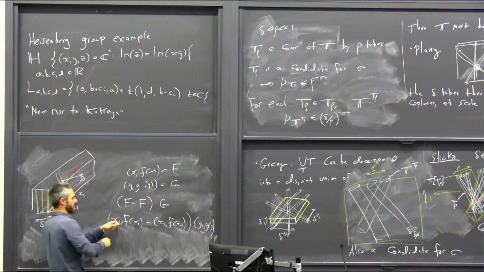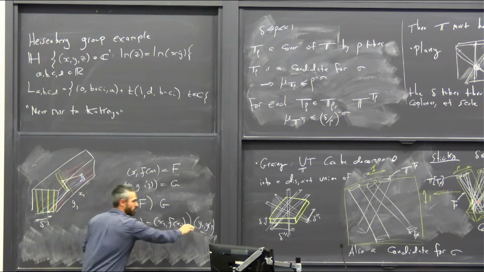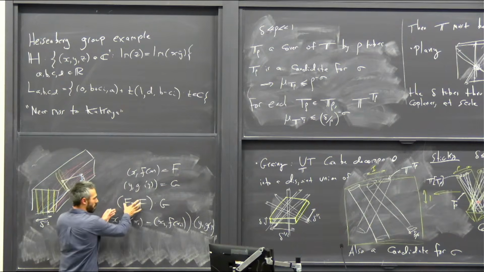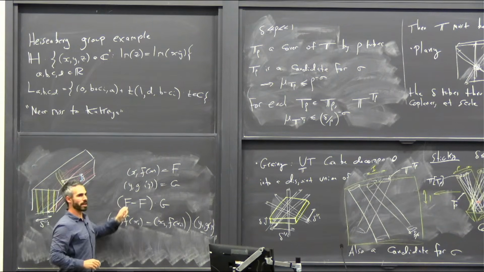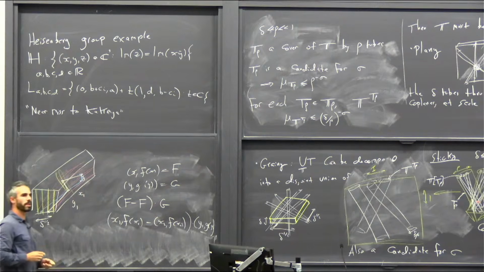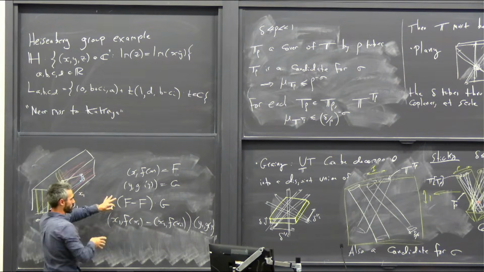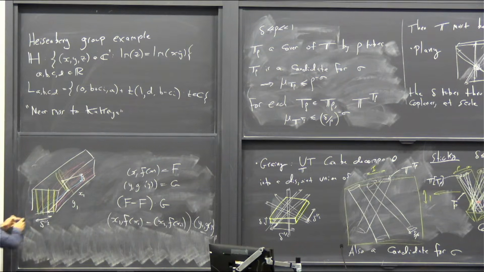So take any x1, any x2. Look at the difference. These are points in R2. Take their dot product with G. This is like a Minkowski sum dot product with G. And what happens is this is the graph of a function. You can think of this as a one-dimensional set in R2. So I'm taking the difference of a one-dimensional set with itself, dotting it with G. And you always end up back inside these vertical yellow strips, which are an Ahlfors regular set.